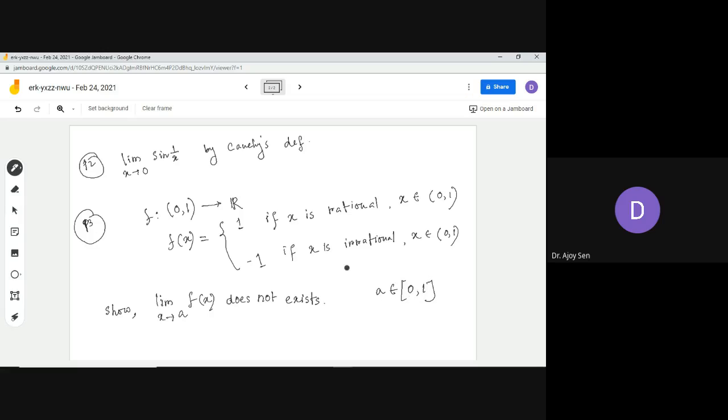Because I told you that whenever you are checking limit, the value of the function at 0 is not required. So a can be 0, x tends to 0 is possible, but the value of function at x equals 0 is not known. That's why a can be any value from 0 to 1, when 0 and 1 are both included.